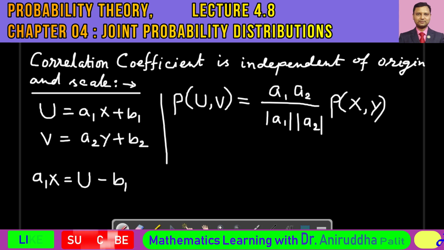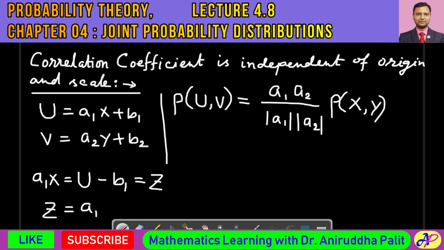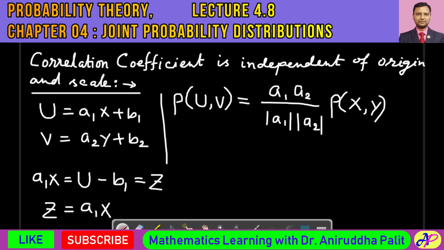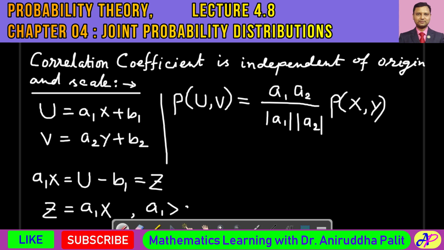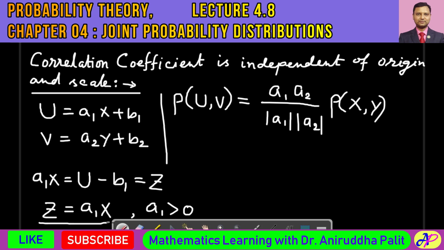Okay, and if we consider this one as, suppose, a third random variable z, in that case we actually have that z is equal to a1x. So this is actually multiplication by a scalar. And further, if we suppose that this a1 is a positive quantity, then this would represent the change of scale of the random variable.